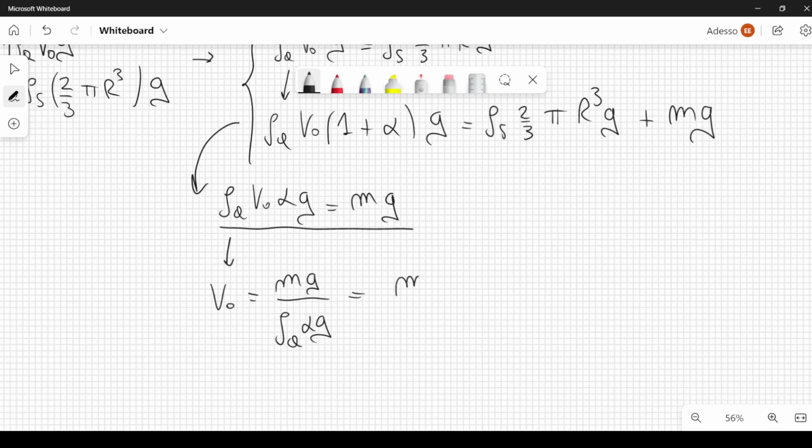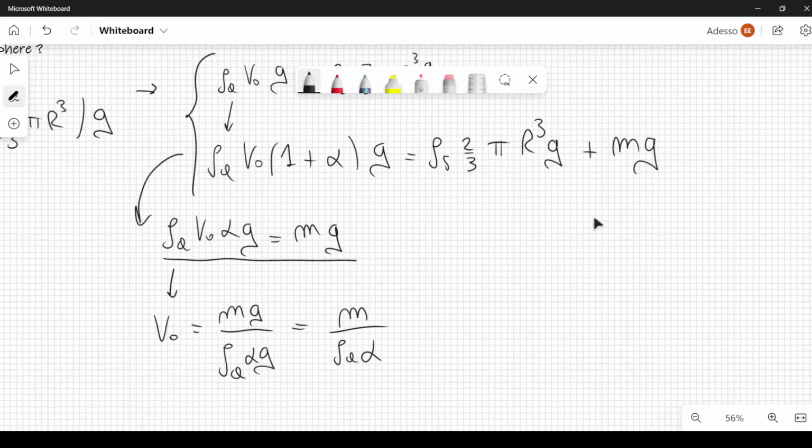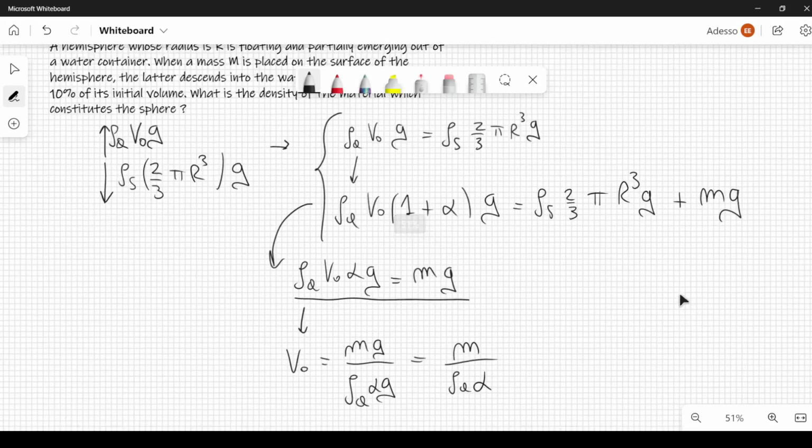So this is equal to m divided by rho A alpha. And now you can find the density of the sphere from the first one.